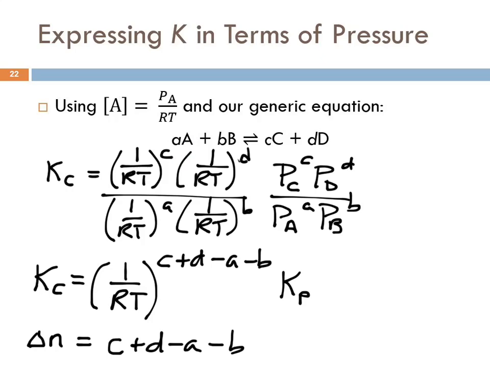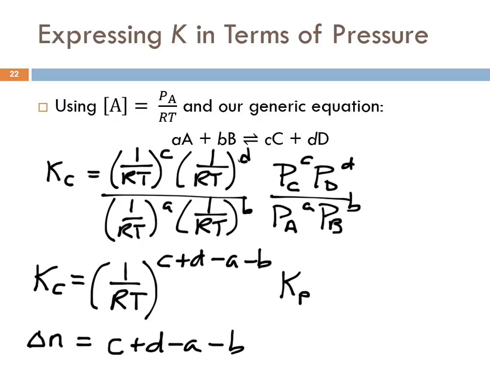So you take the number of moles of gases that you end up with and subtract the number of moles of gases that you started with. Again, we have that pattern of delta being final minus initial. So did we gain moles of gases? Did we lose moles of gases? Sometimes delta N is 0. There's no net gain or loss in the number of moles.